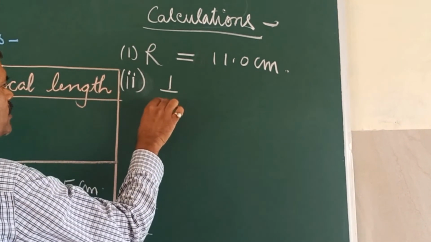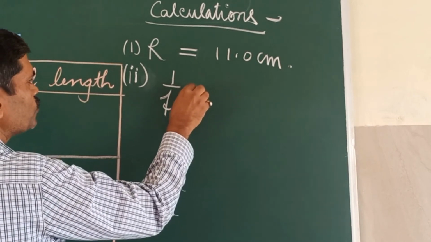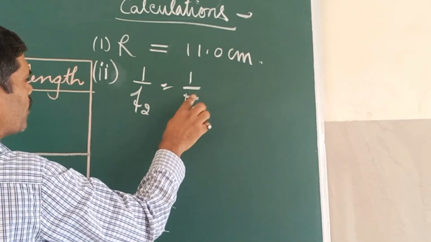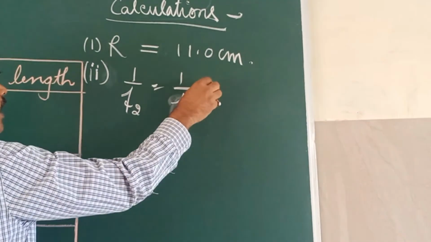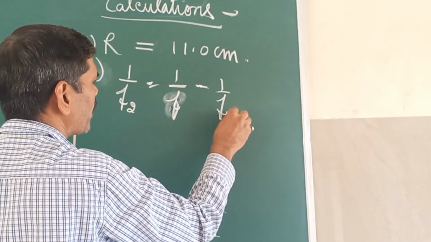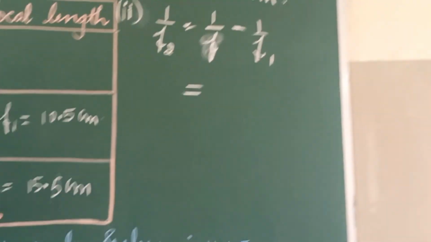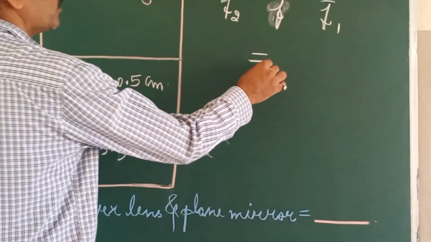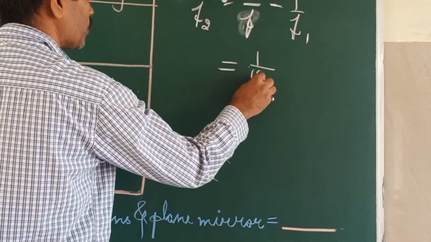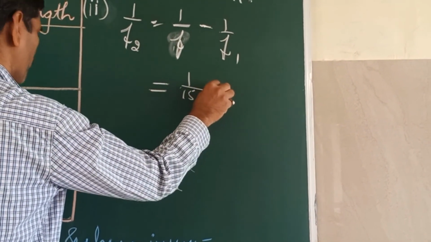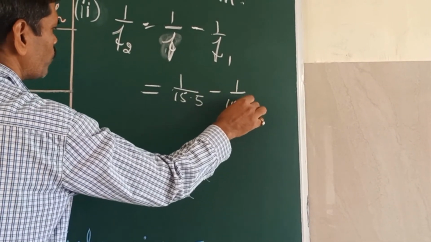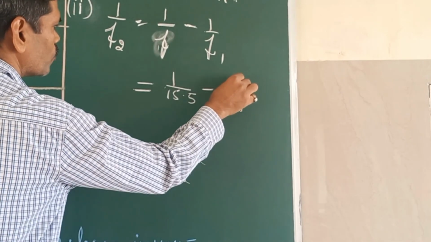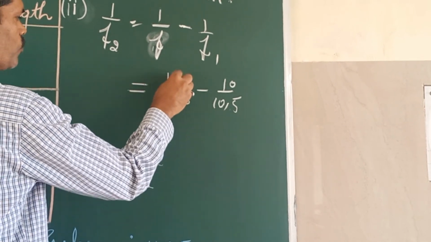Now, second, find the focal length of the plano-concave liquid lens. The formula is 1 upon F2 is equal to 1 upon F minus 1 upon F1. Place the value from the observation table. This is 1 upon 15.5 minus 1 upon 10.5. Now remove the decimal point.